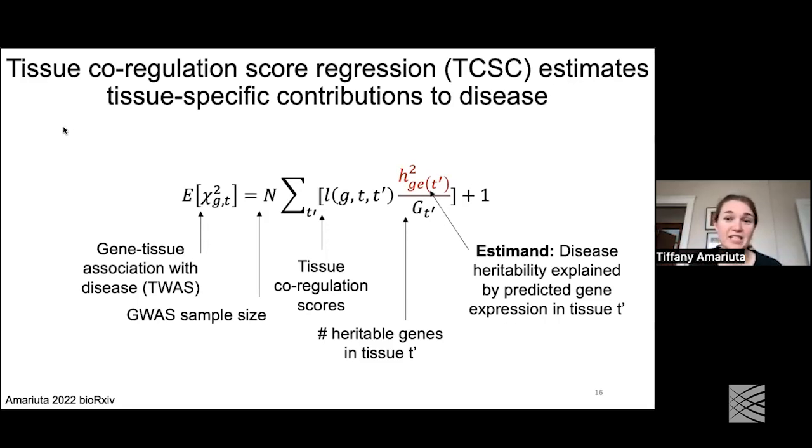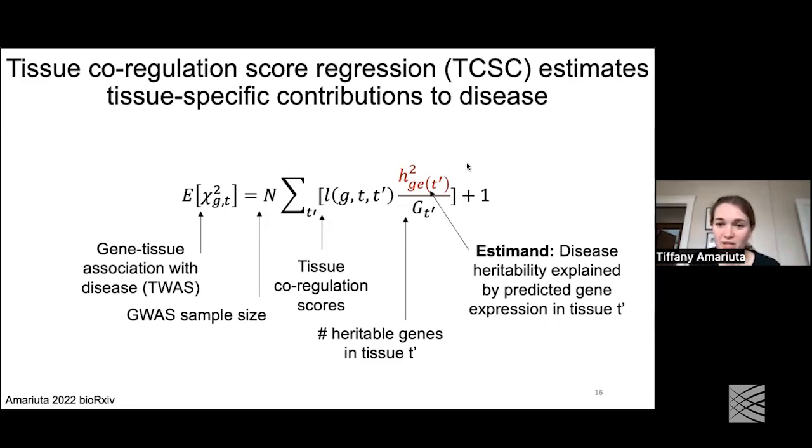So TCSC is the method, tissue co-regulation score regression, and it estimates tissue-specific contributions to disease. Again, in more detail, I'll go through these quantities. The chi-square statistic on the left is represented as a vector of gene-tissue associations computed from TWAS for a specific disease. N is the GWAS sample size.